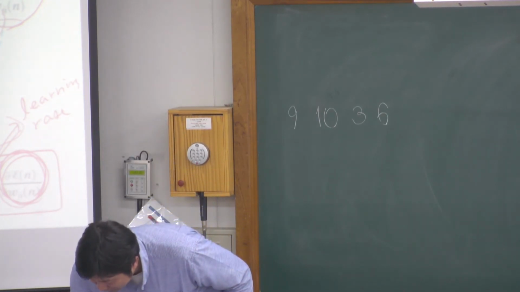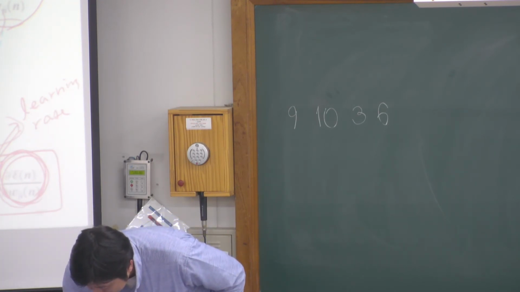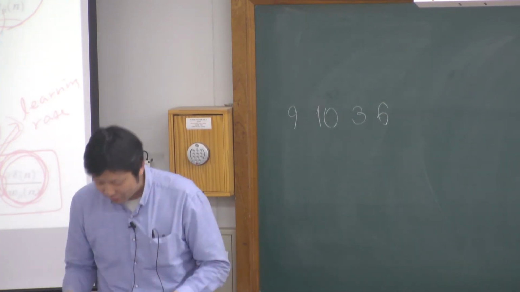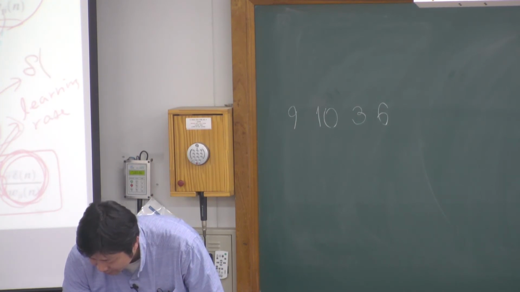You can rewrite this by grouping this part together with eta, and define it as delta of n.